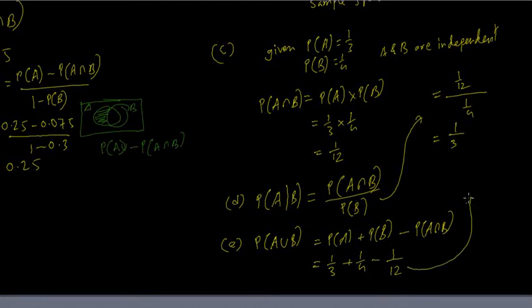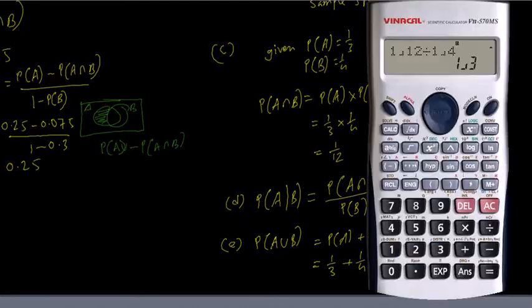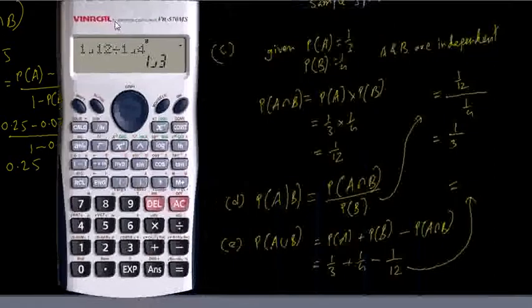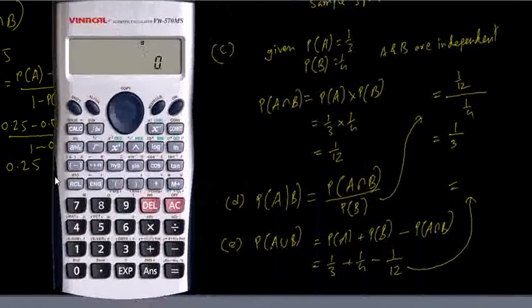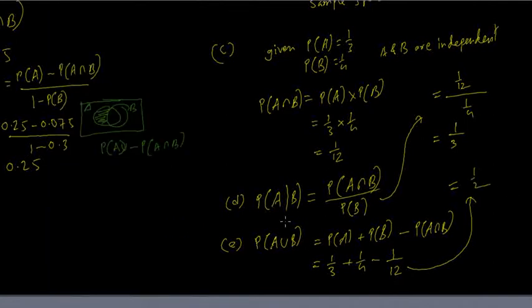So using the calculator, we can find out 1 by 3 plus 1 by 4 minus 1 by 12 is half. So probability of A union B is half.